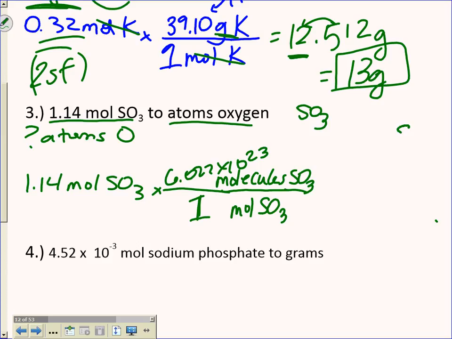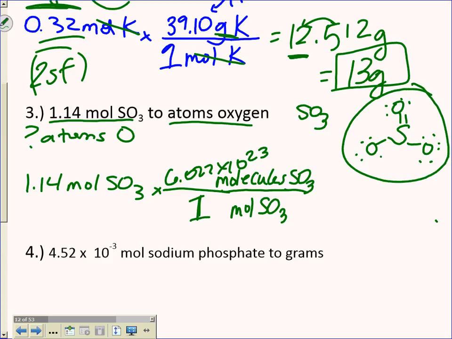Good job, guys. S in the middle. Keep going. There's 3 oxygens, okay. And it probably has an octet and a double bond. I counted the valence electrons before, so we've drawn this before. There we go. Okay, we know how this looks. So I can look at it. In one sulfur trioxide, how many oxygen atoms are in it? 3.